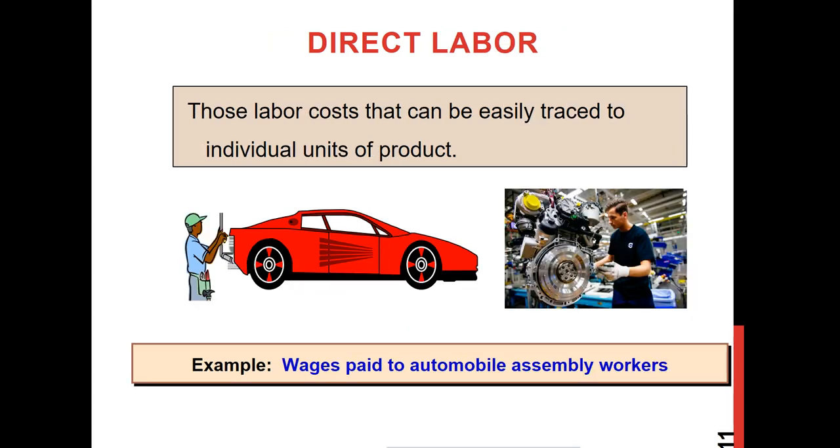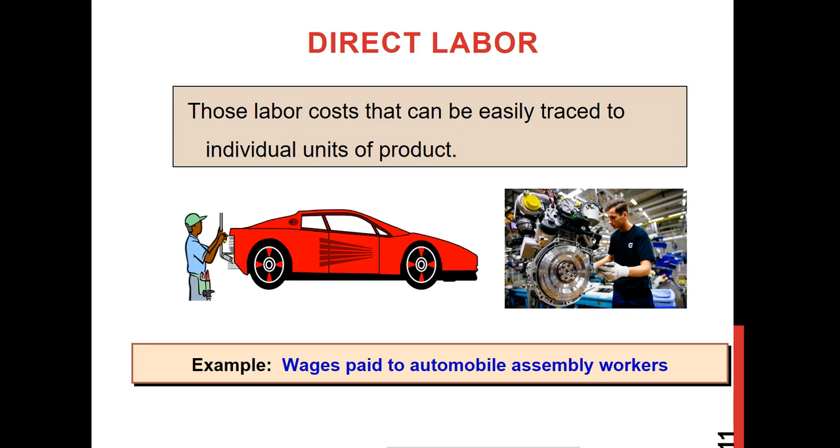Now, direct labor cost, very simple. All those employees, all those factory workers that are directly related to manufacturing the product, and you have to pay their wages, all of your labor, this cost is known as the direct labor cost.